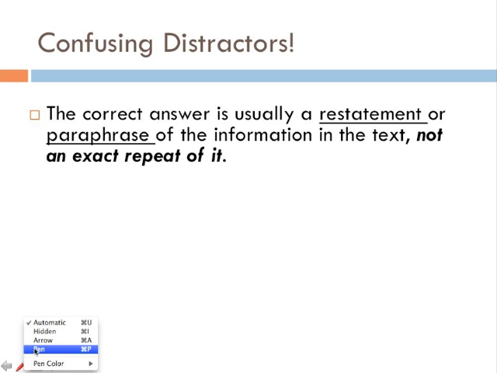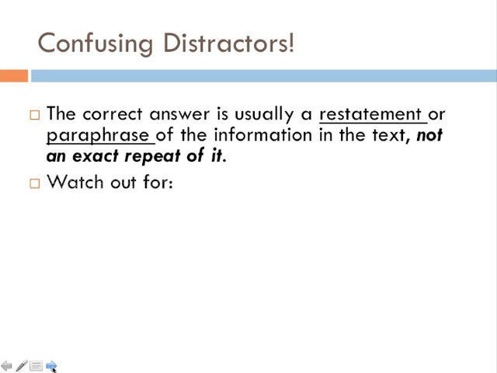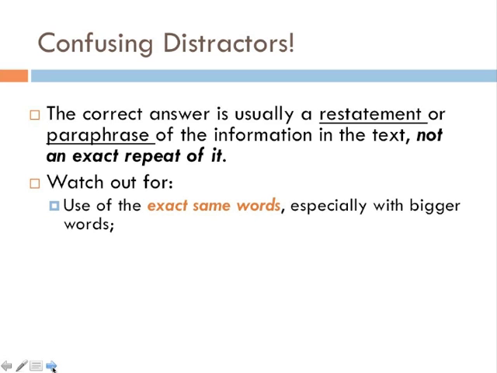First off, the correct answer itself is usually not the exact same words that we see in the text, but some sort of restatement or paraphrase of that information. So that's the first thing we need to recognize, that we should be careful of language that uses maybe the exact same words, especially with some of those bigger, more academic or even content words, technical terms, and so on.